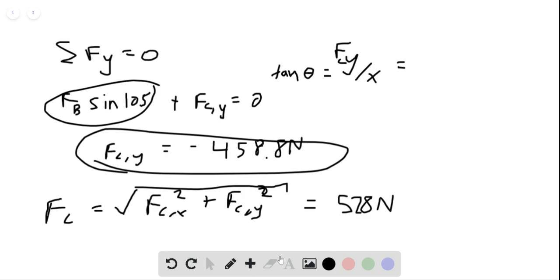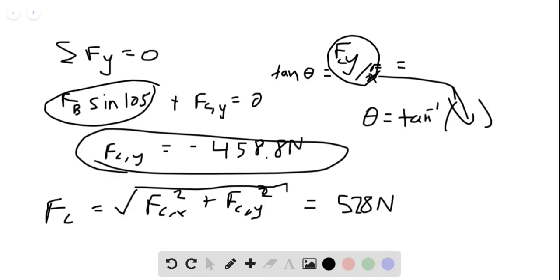Just know that this is FCY over FCX, and so essentially you're just going to say that theta is the tangent inverse of this combination, FCY over FCX, and that should give you a number about 82, right?